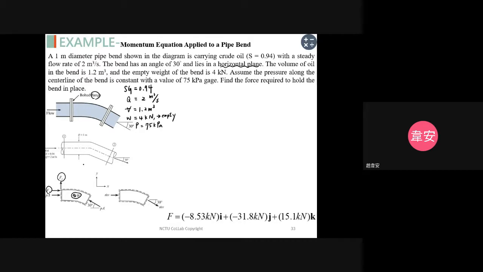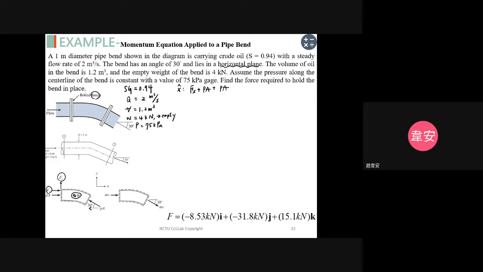Okay, so we first take a look along the x direction. So for the x direction, what kind of force do we have? First, we have the Fx, and we have the pressure force on the left-hand side, which is positive. We have a pressure force on the left-hand side, and we have the pressure force on the right-hand side. Also, the pressure multiply the cross-section area A, but we need to project to the x direction.